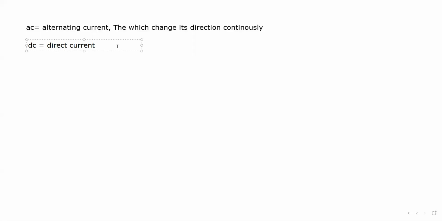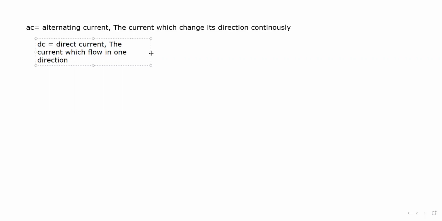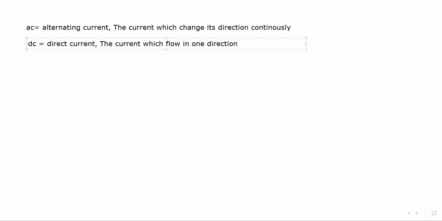So the current which flows in one direction, that type of current is known as DC.